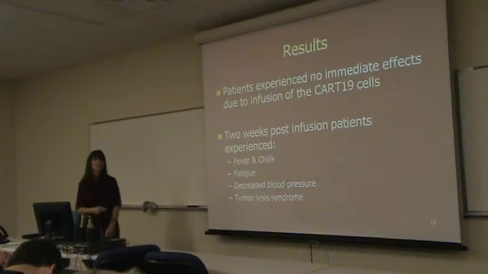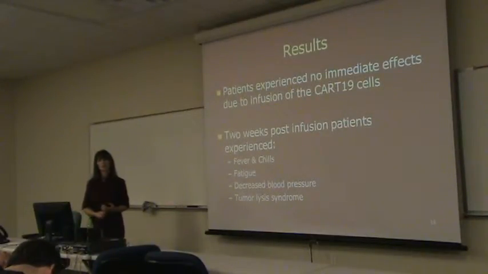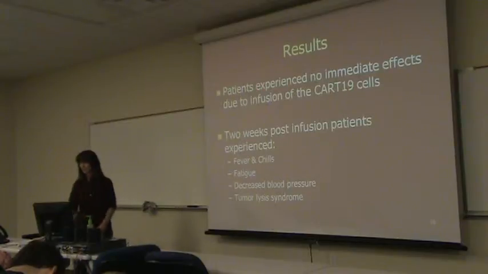And this sounds like something bad is happening to the patients, but this is actually the T cells working against the cancer. And this produced a tumor lysis syndrome in some of the patients as well, which was from so many of the cancer cells being killed off. Sometimes this can cause acute kidney problems, and this required hospitalization and treatment for some of the patients.